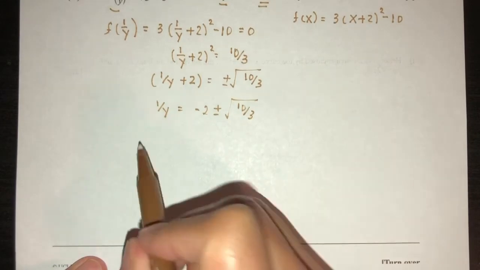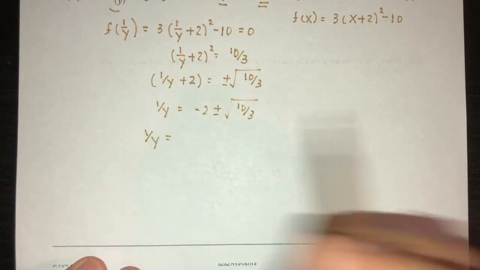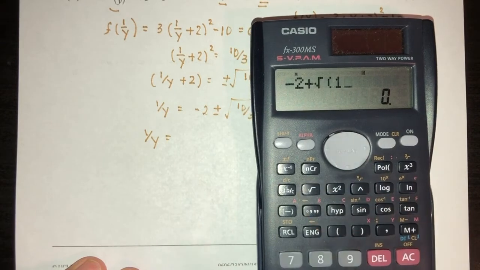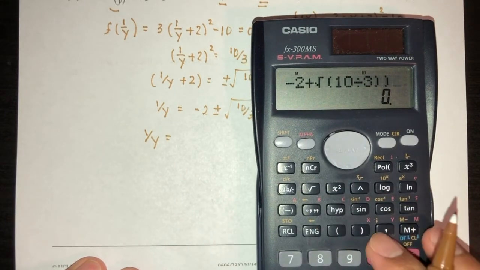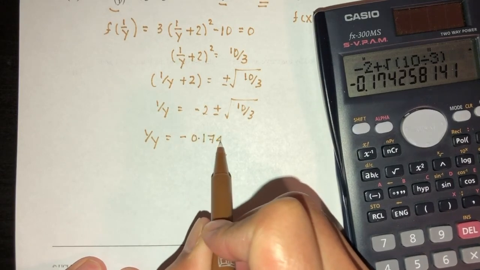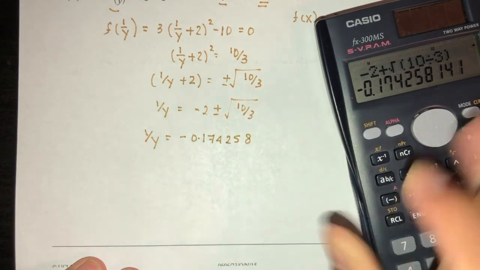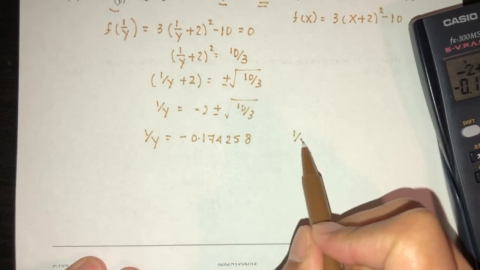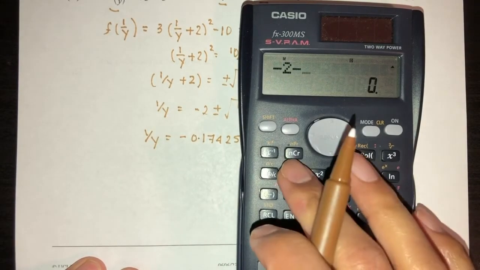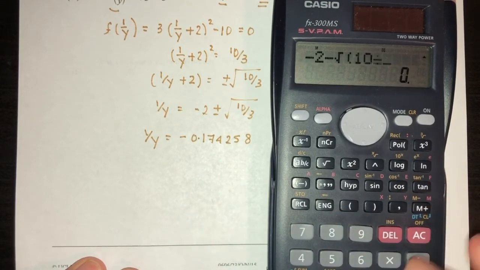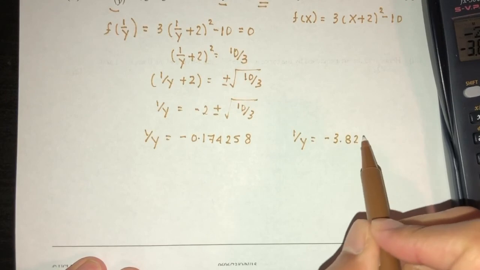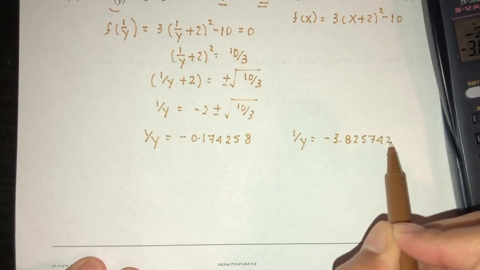Now let's find those values. 1 over y is equal to minus 2 plus root of 10 divided by 3. That will be minus 0.174258, or 1 over y can be minus 2 minus root of 10 divided by 3, minus 3.825742.